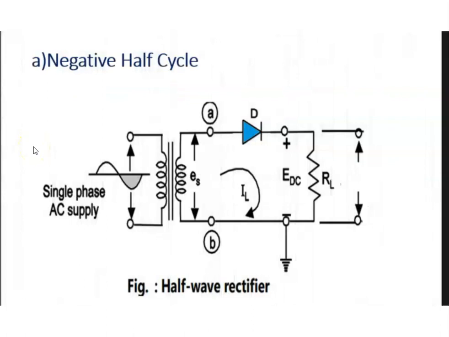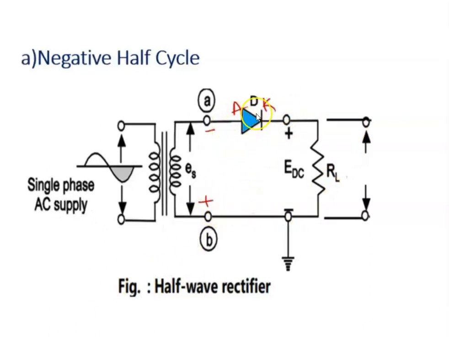Now let us see the operation of the half wave rectifier circuit in the negative half cycle. During the negative half cycle of the secondary AC voltage, the terminal B becomes positive with respect to A. So the diode gets reverse biased as the anode is connected to negative and the cathode is connected to positive.